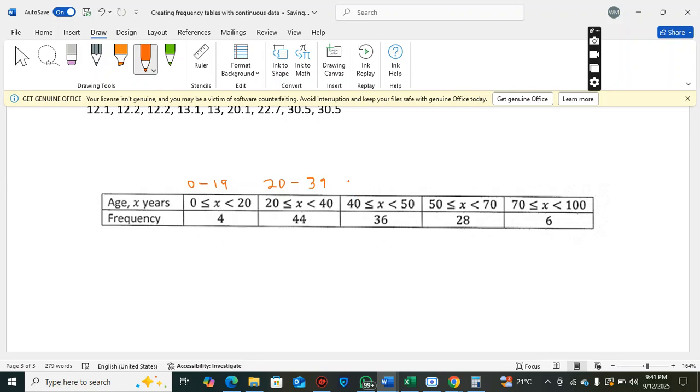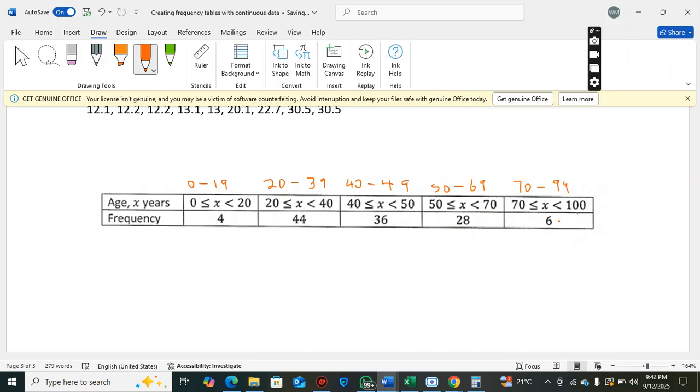The next class interval is from 40 to 49. Next class interval is from 50 to 69. Next class interval is from 70 to 99.